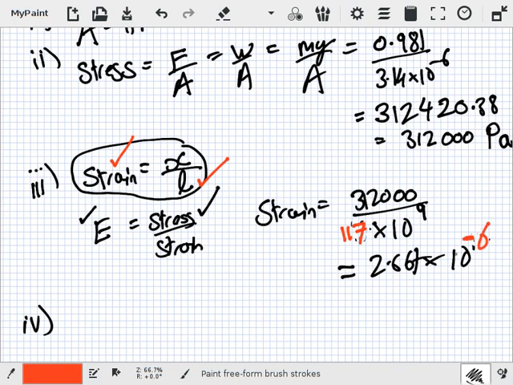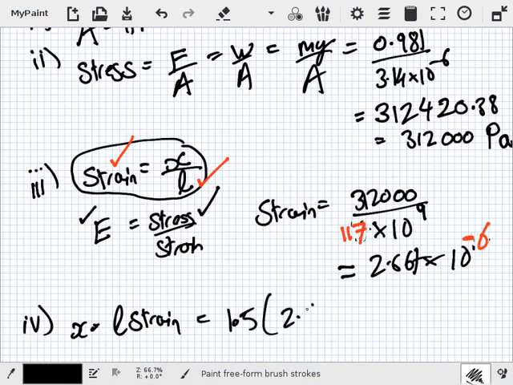Minus 6. Okay. So, if I use this formula now, strain is extension over length, I can work out the x, the extension, because x is L multiply strain. So that is 1.5 multiply 2.667 times 10 to the minus 6.